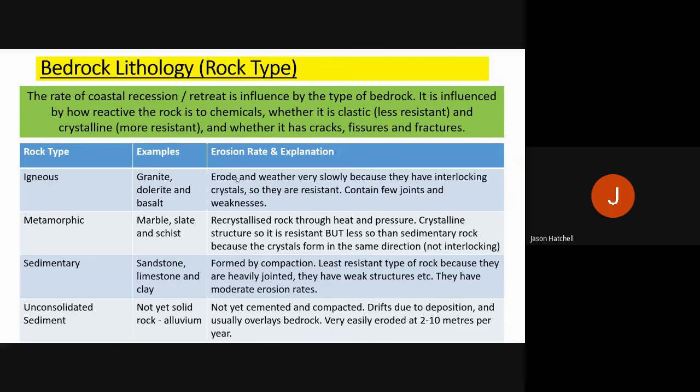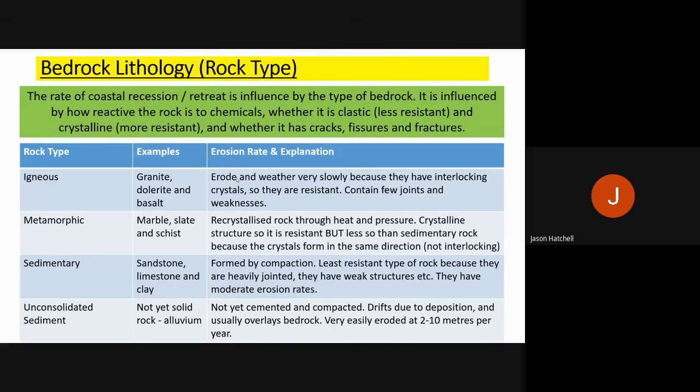They have moderate erosion rates in the sense that they do erode over time, but they erode faster than igneous rocks. They also erode faster than some types of clays, but they do include clay as well. Because there are different types of clays, the erosion rate of those clays actually differ and vary over time.